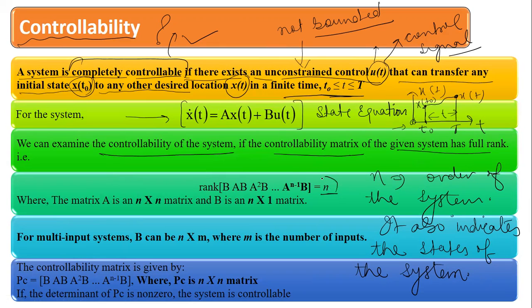Full rank means it should be equal to n, where n is the number of states or order of the system. This is for any single input, single output system, so this is for SISO. SISO is single input and single output.